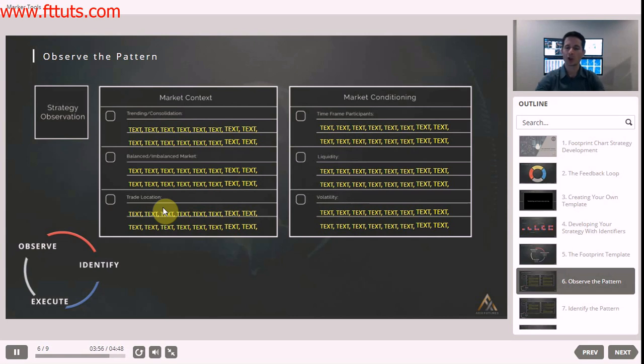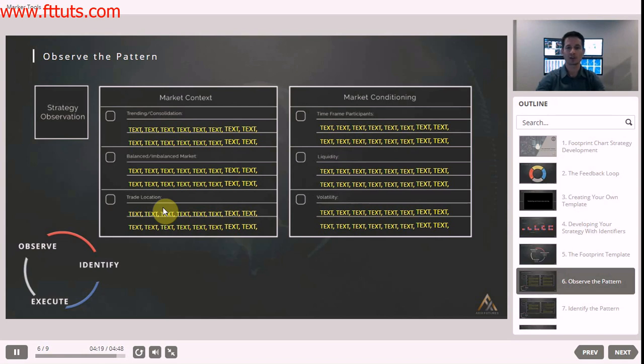So once you've observed the conditions for the strategy, what's going to happen is, over time, you're going to develop a very strong understanding of the prime conditions in which your strategy will work. Okay, by doing this every single day, you're going to very quickly recognize when, for instance, a breakout trade works well, or when a hiding behind the elephant trade strategy works well.